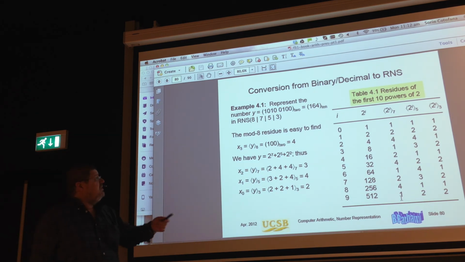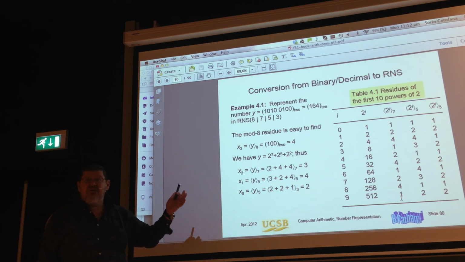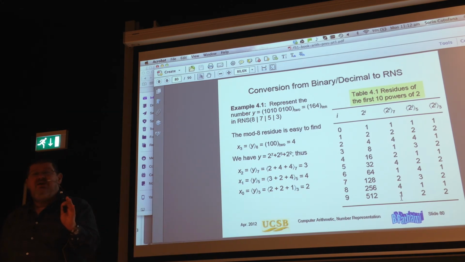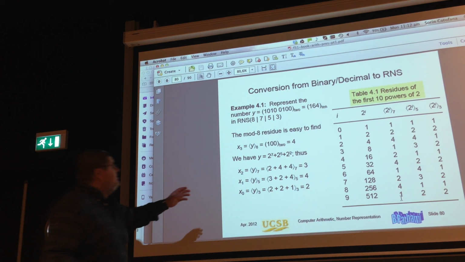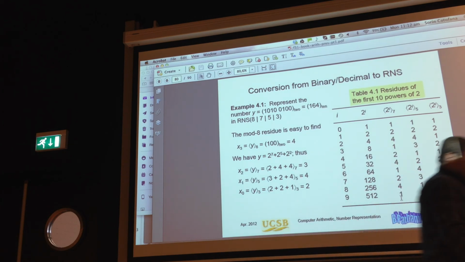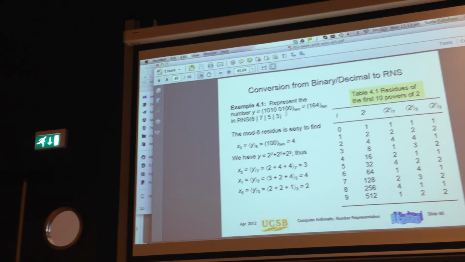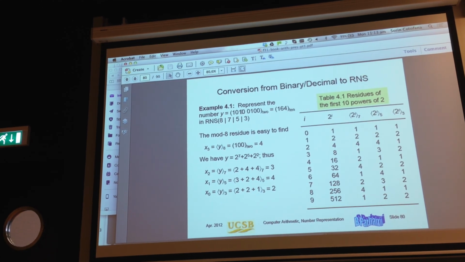If I want to do the modulo 8 calculation, that's very simple. Because modulo 8 means that I will drop all the bits which have a power of 2 larger than 2 to the power 3. If this is my number, then I'm doing modulo 8. This is 16, 32, then 32 will not matter. It's 4 times 8, then it will be out.